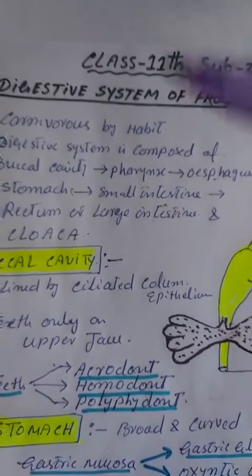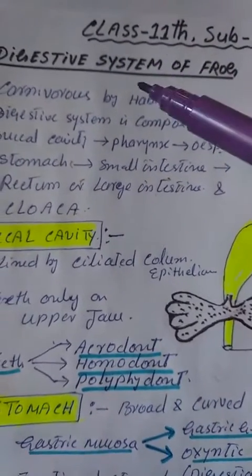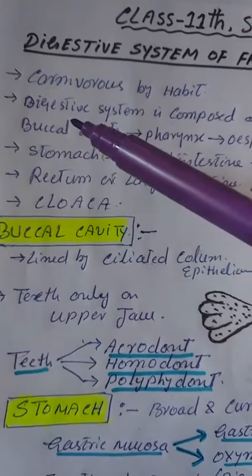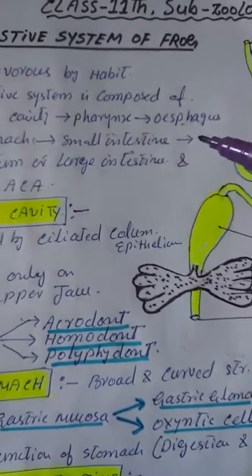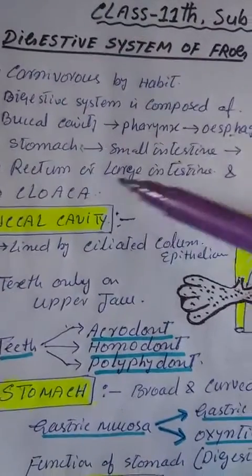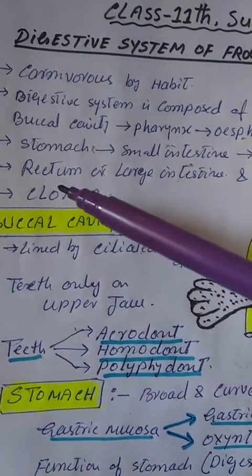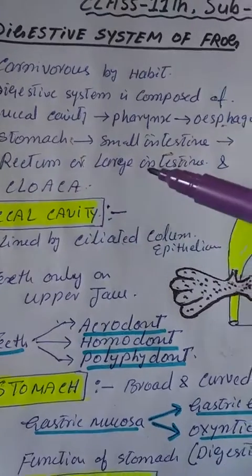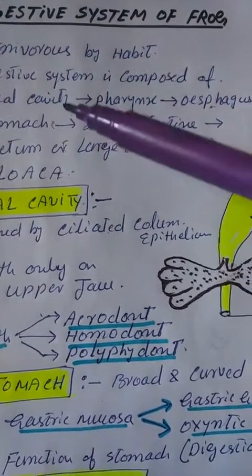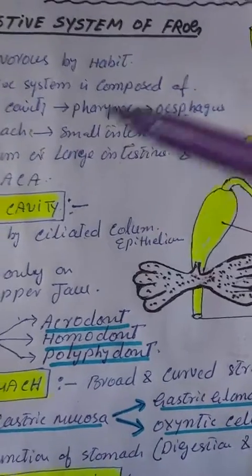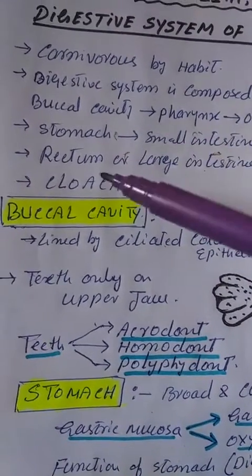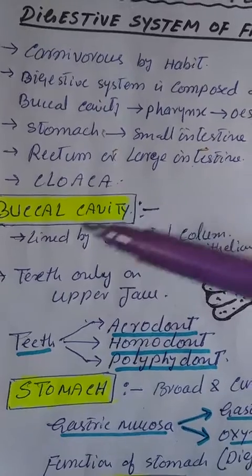The digestive system of frog consists of different parts such as the buccal cavity, pharynx, esophagus, stomach, small intestine, rectum or large intestine, and cloaca. First of all, let us study the buccal cavity.